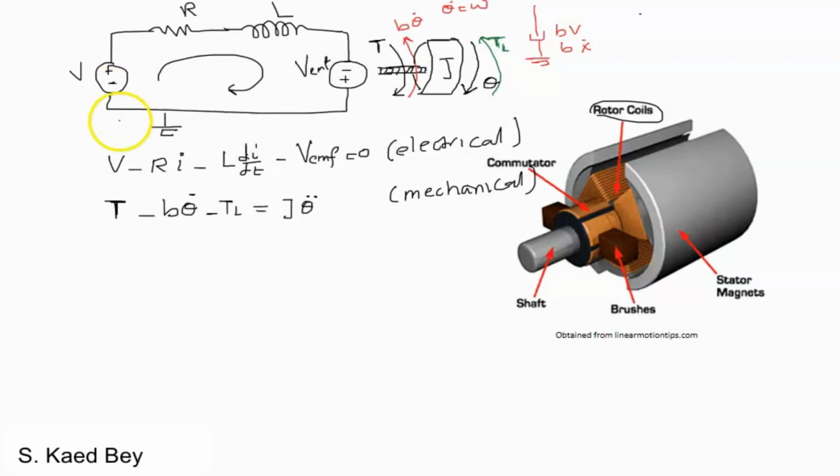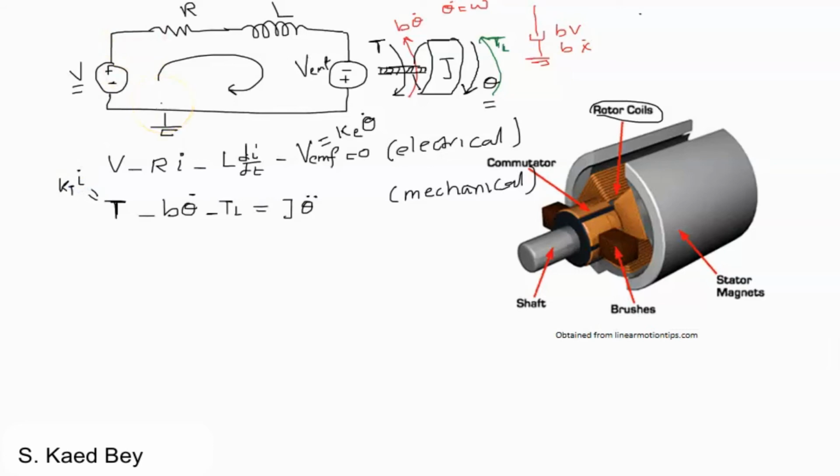Now remember that our input is the voltage supply and the output is theta. Also remember that the back EMF was previously calculated as equal to Ke theta dot. Also remember that the torque is equal to the torque constant multiplied by the current.